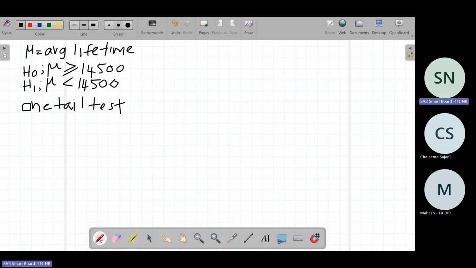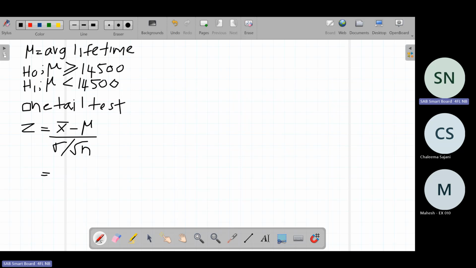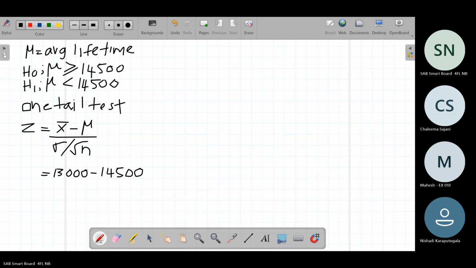Next you need to calculate the Z value: X bar minus mu, divided by sigma over square root of n. Here how many units did they take? 35. 13,000 is the sample mean. So 13,000 minus 14,500.